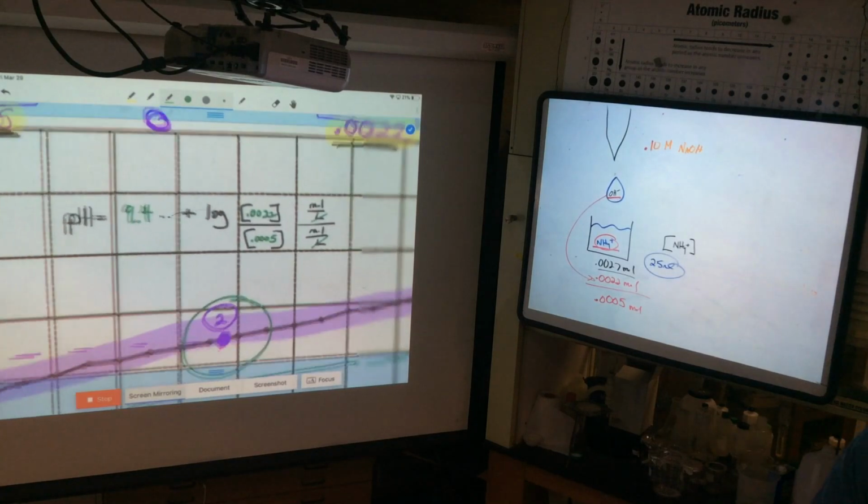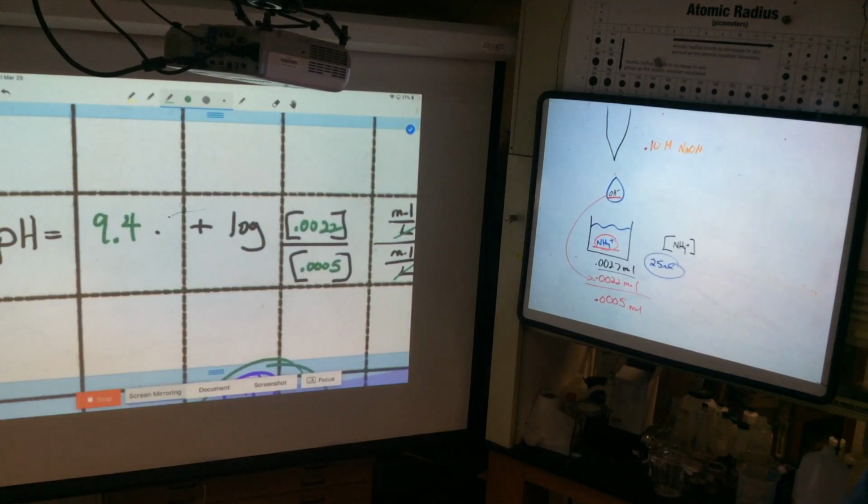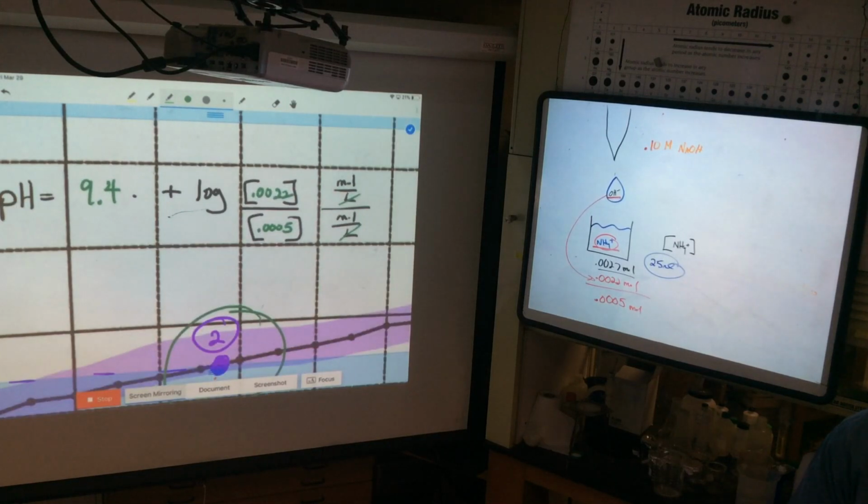So let's do the math. 0.0022 divided by 0.0005, and you get 4.4. We're going to find the log of that, and I get 0.643, and don't forget to add that to 9.4.